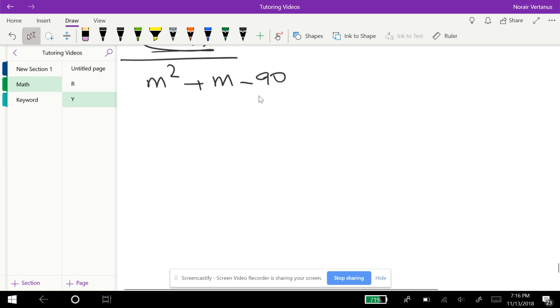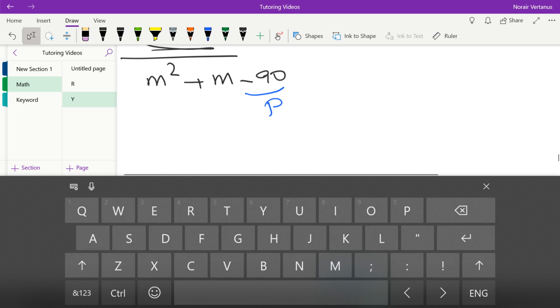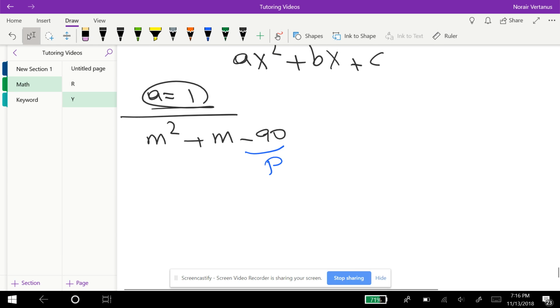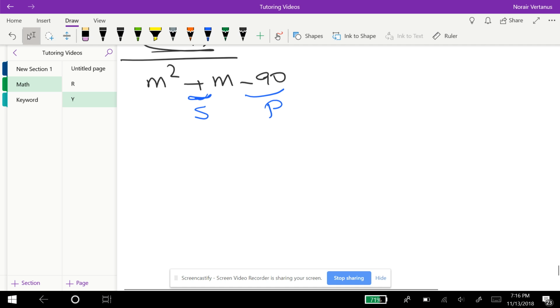Basically, this means the product of two numbers that makes negative 90, and this is the sum. Here it's 1. So you multiply two numbers, you get 90, and you add them, you get 1. Start with the product. Find two numbers that you multiply, you get 90, and then you add them, you get 1.